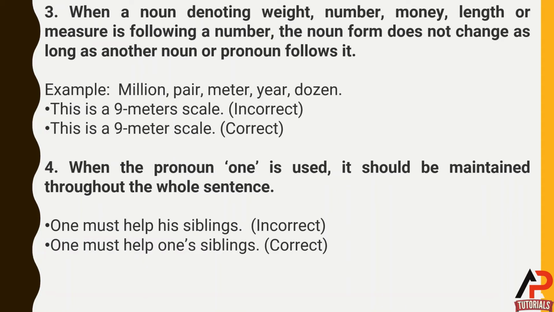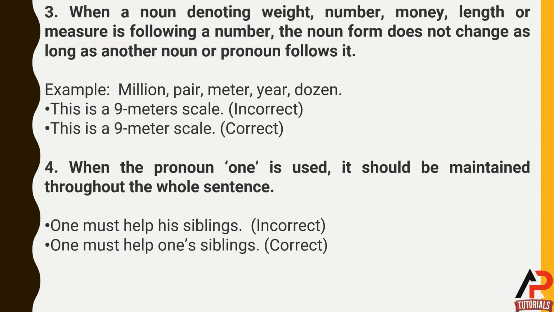Now the fourth rule: when the pronoun one is used, it should be maintained throughout the sentence. You can see this in this example, "One must help his siblings." When we are using one in a sentence, we should use one only, and we should maintain it through the whole sentence, like you'll see in these examples.